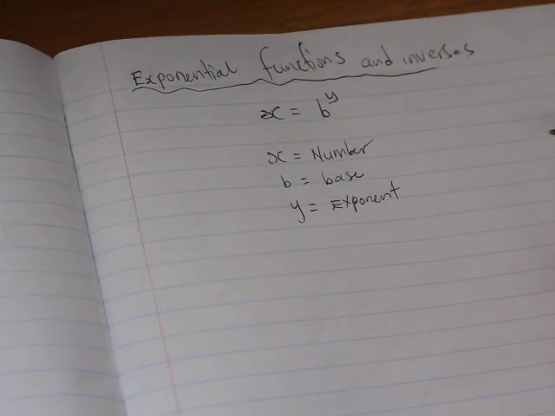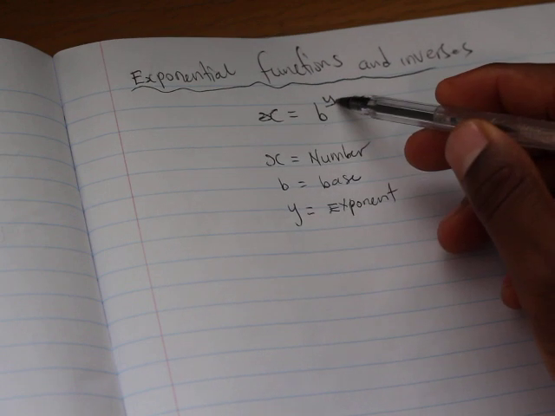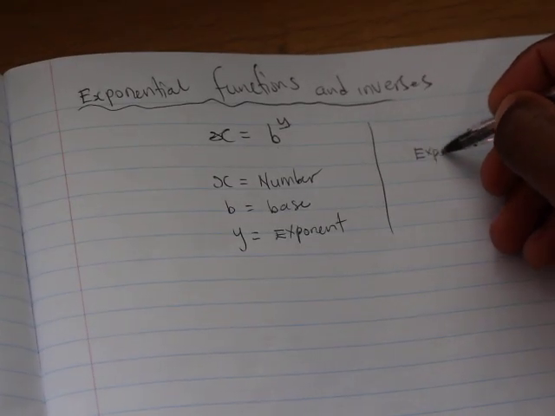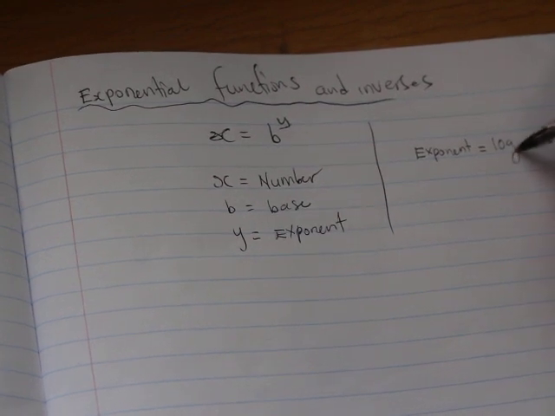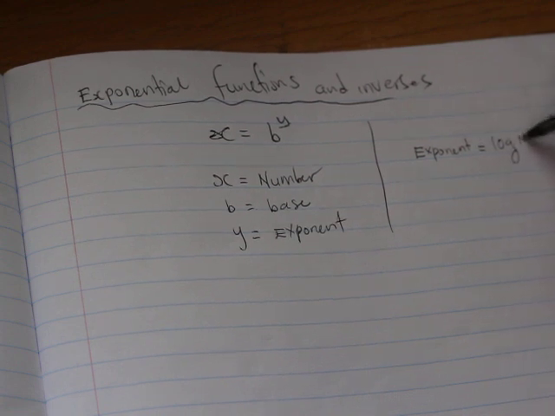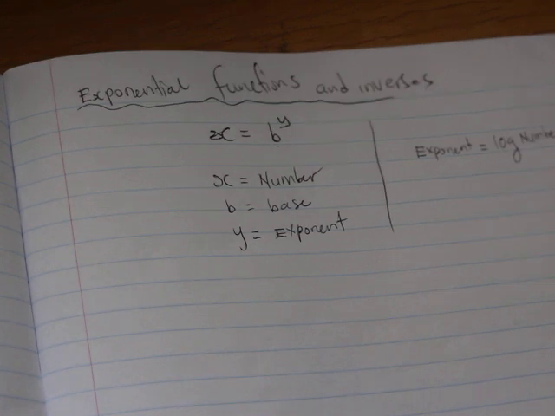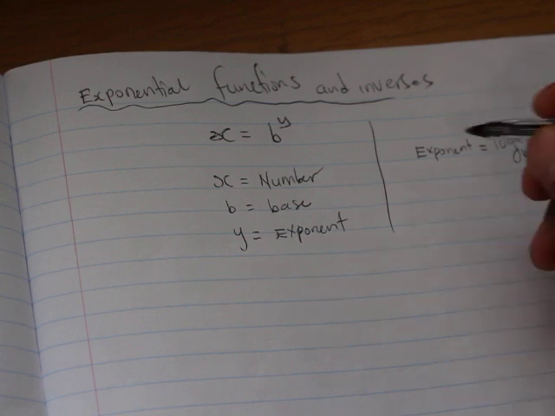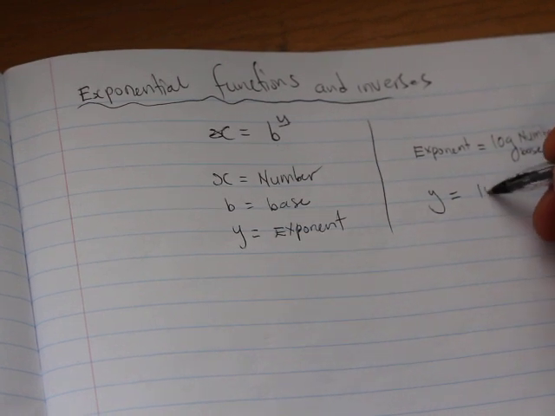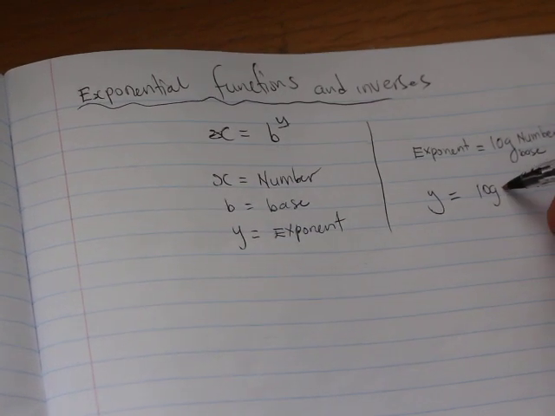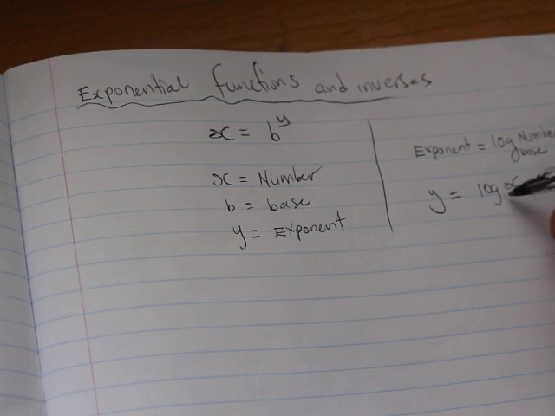Now you need to figure out the relationship between these three in terms of logarithms. Logarithms say that the exponent y is equal to the logarithm of the number x with base b.